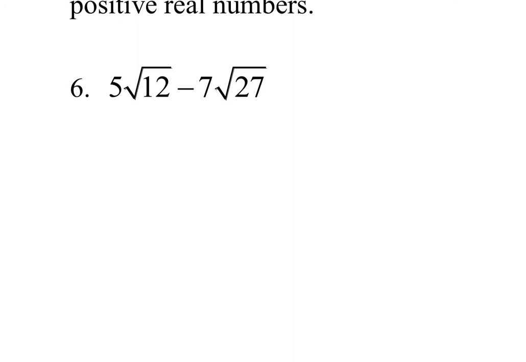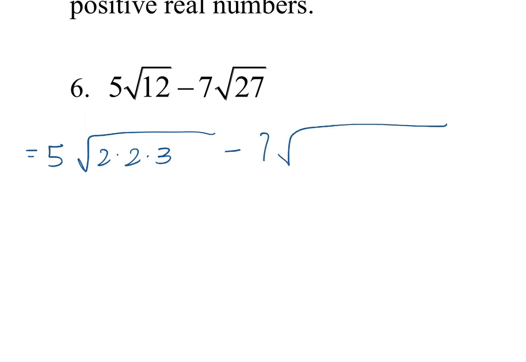Let's see, we're going to leave the 5 on the outside. And the square root of 12, let's write the prime factors of 12: 2 times 6, which is 2 times 3. 27 is 3 times 9, which is 3 times 3. So we have a group of 2 here and a group of 2 there.